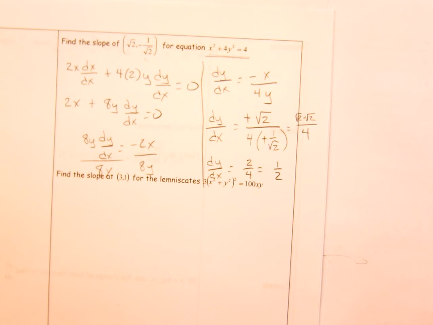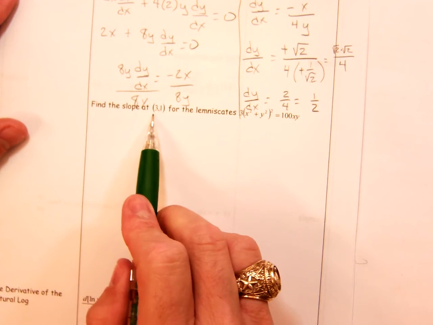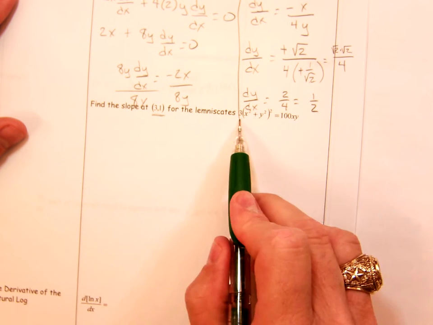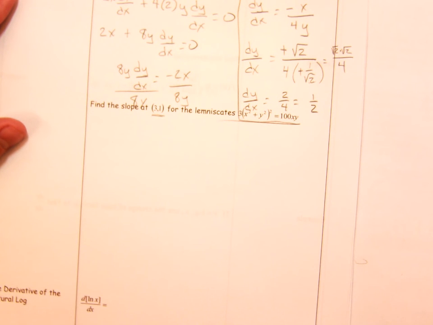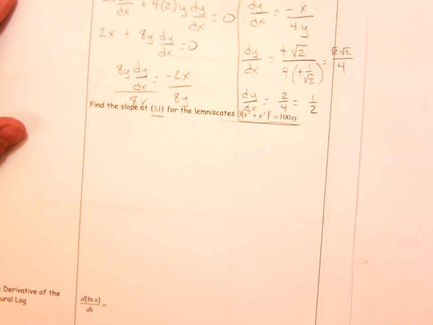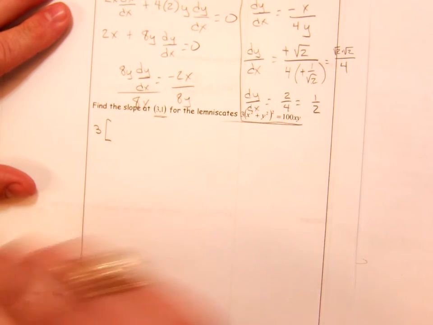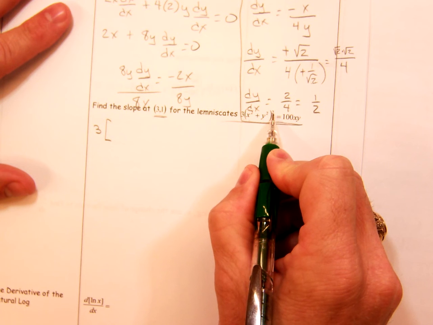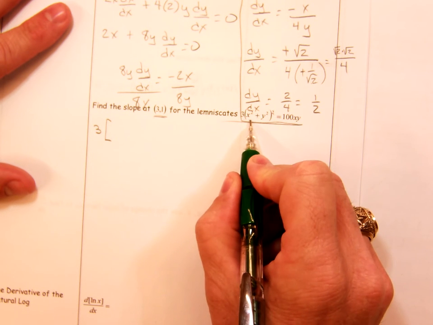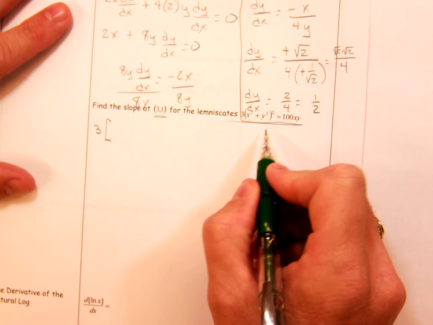Last one. Slope at this point, (3, 1), for this equation right over there. Here we go. This is 3 times, and now I got to take the derivative of all of this. So this is x squared plus y squared, all of it squared. Chain rule.